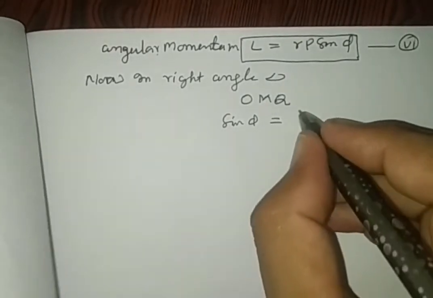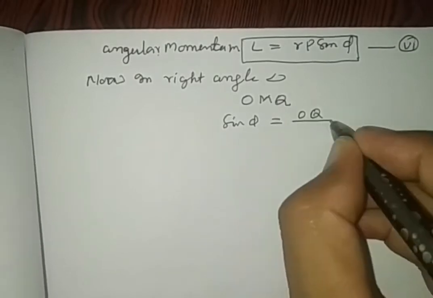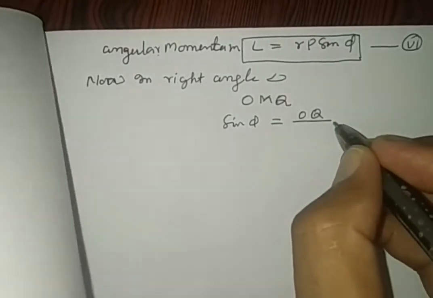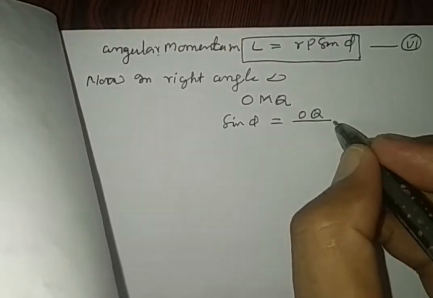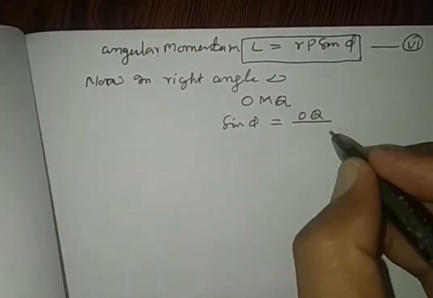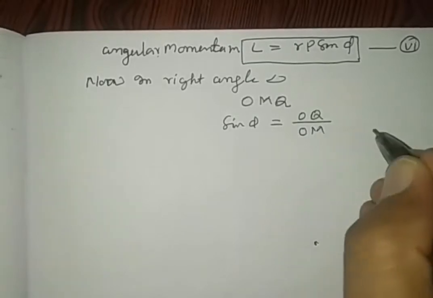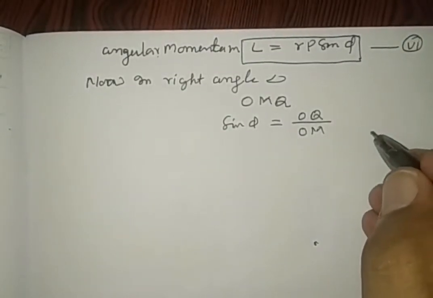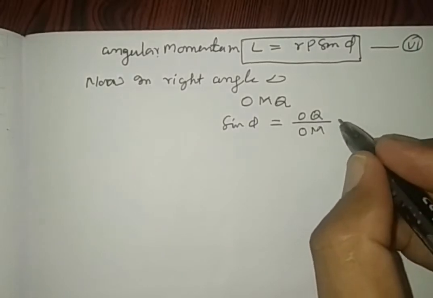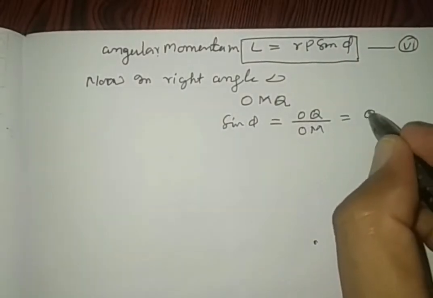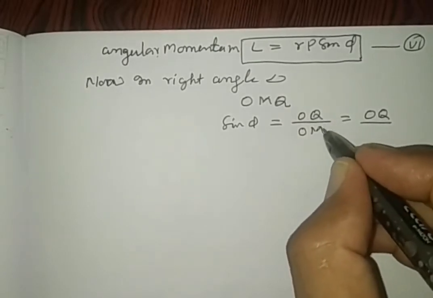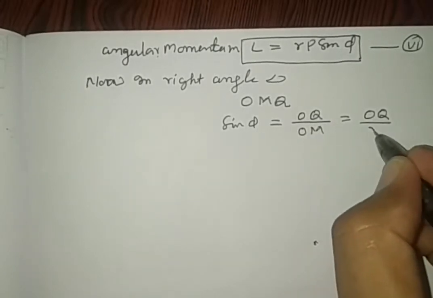Here the perpendicular is OQ and the hypotenuse is OM, which is r. So sin phi equals OQ by r.